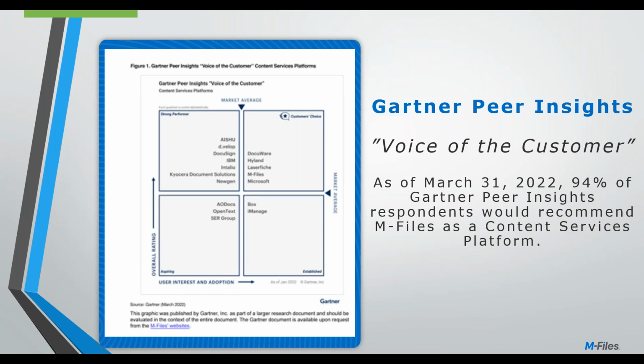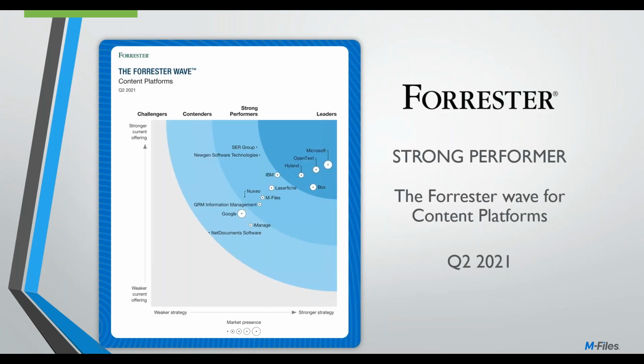And another one that I can share with you is the Forrester report. M-Files has been voted as a strong performer in the Forrester Wave for content platforms in Q2 2021. So these are all the accolades of M-Files.